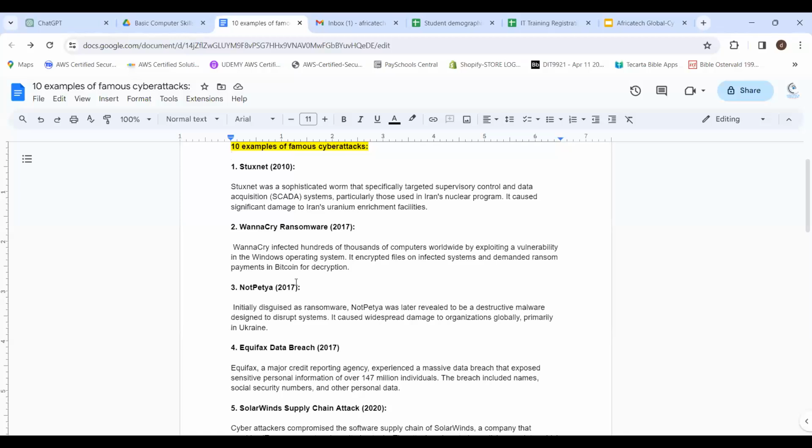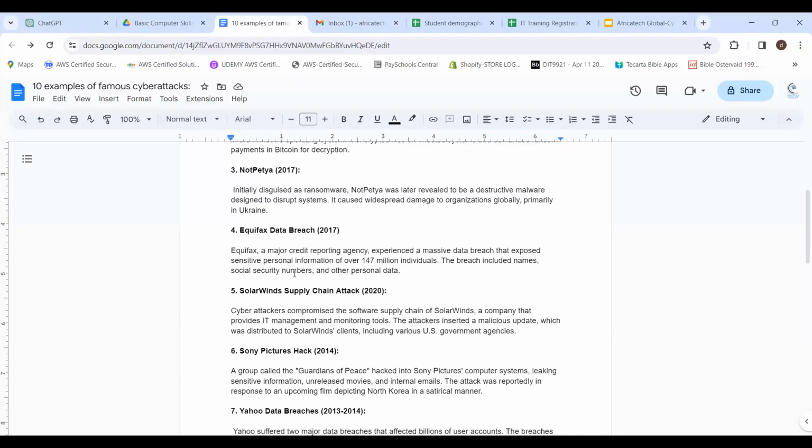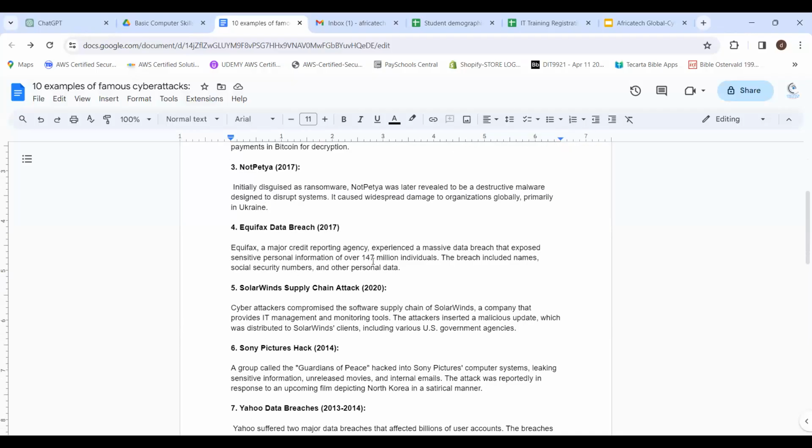Awareness is very important. You see, I put Equifax, they had a data breach in 2017, and personal information of over 147 million individuals was exposed, right? Equifax was a major credit reporting agency. I know a lot of people know Equifax.